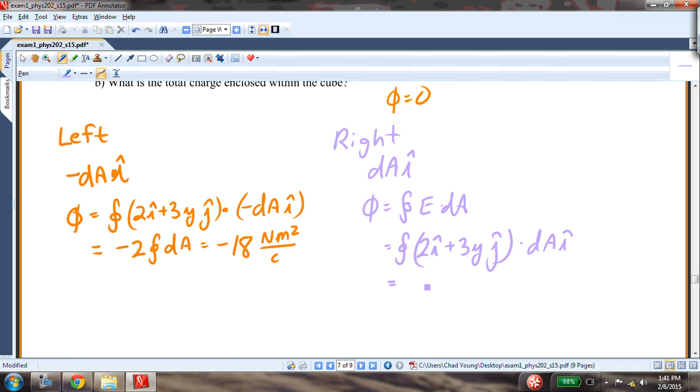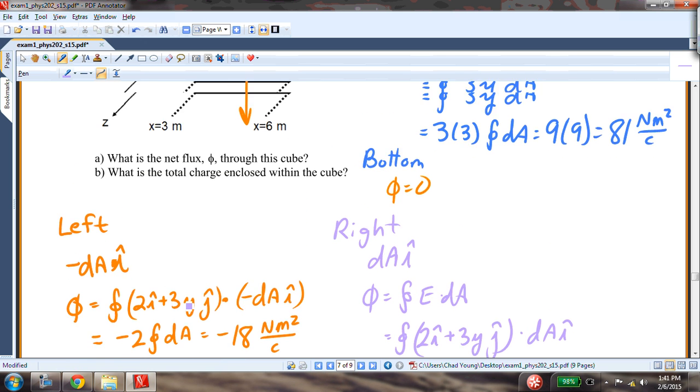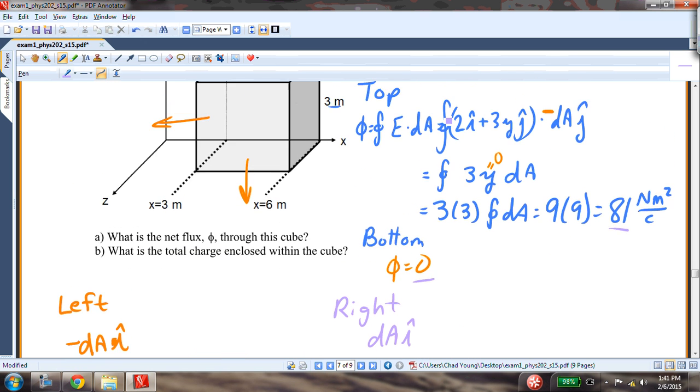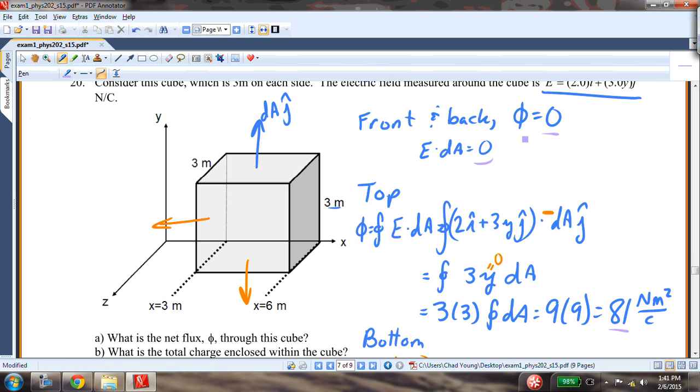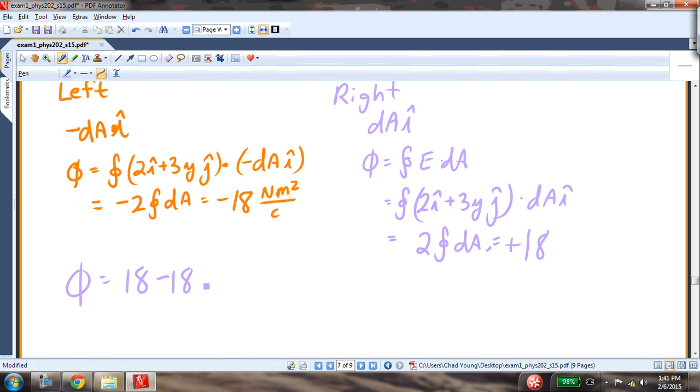That's going to equal 2 dA, which is equal to positive 18. All right, so now if I add up all my fluxes, I have 18 minus 18, I have 0, 81, and then I also have 0 and 0. So I have negative 18, plus 18, plus 81, plus 0, plus 0. And so of course that's just 81 newton meters squared per coulomb.